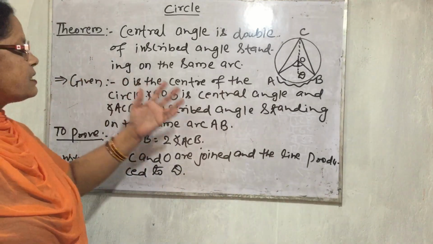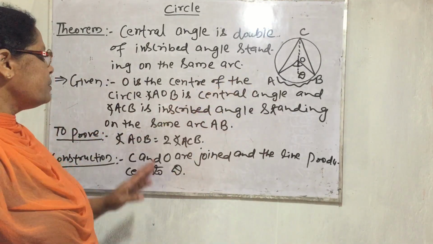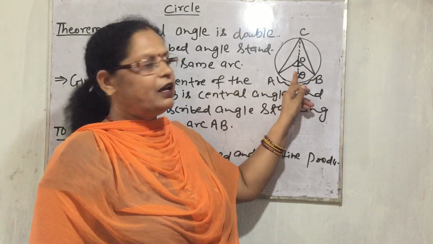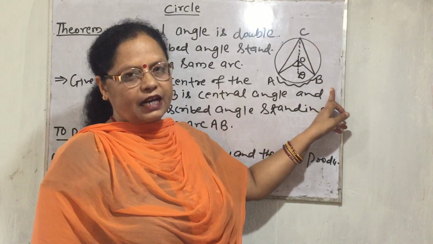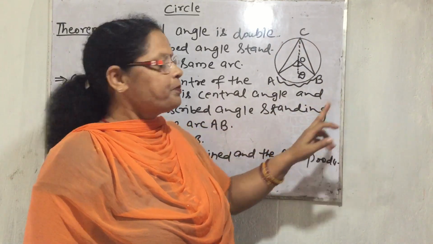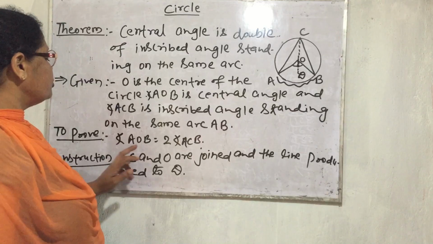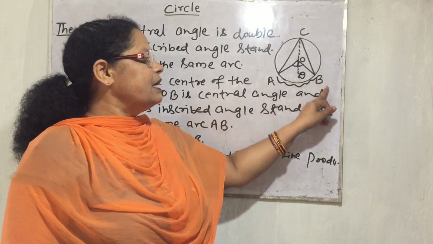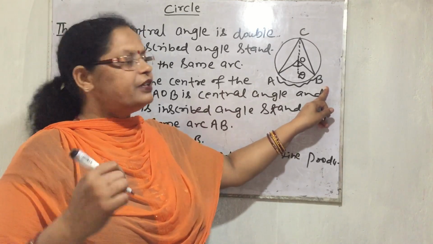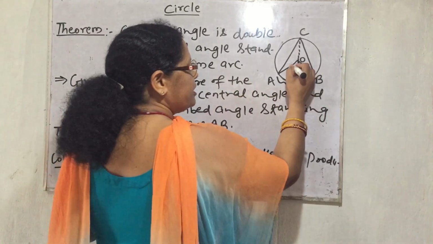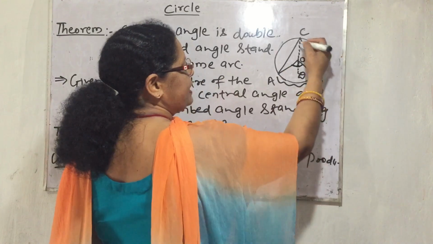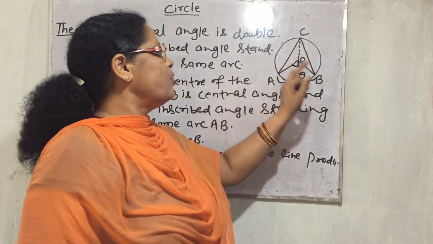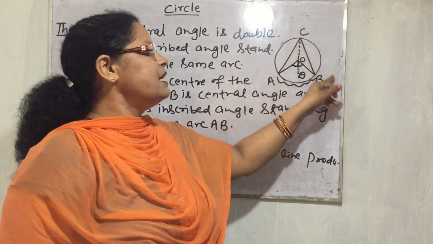Given: O is the center of the circle, AOB is the central angle, ACB is the inscribed angle. To prove: angle AOB, the central angle, is double the inscribed angle ACB, that is, angle AOB is double of angle ACB.